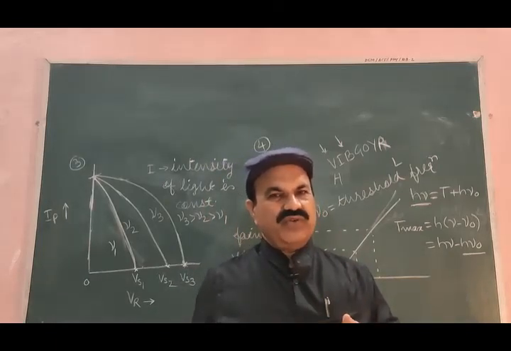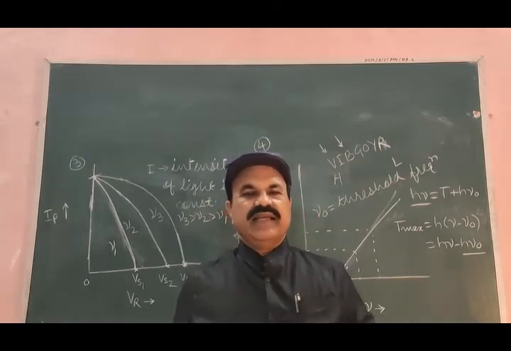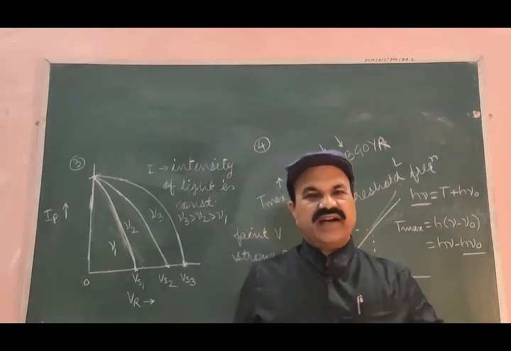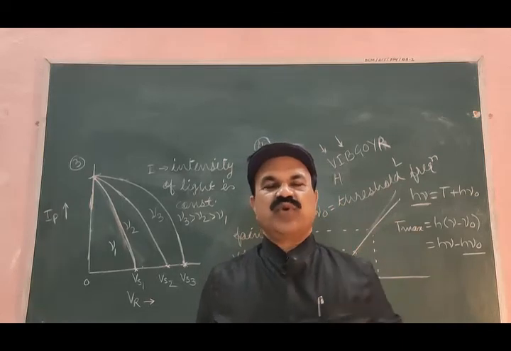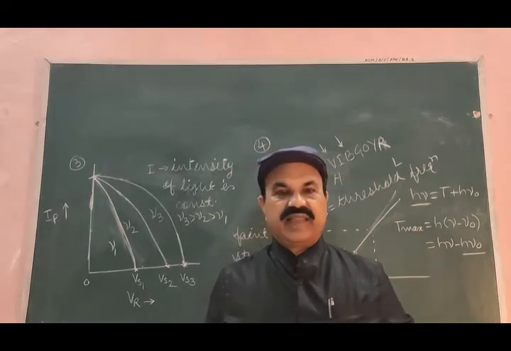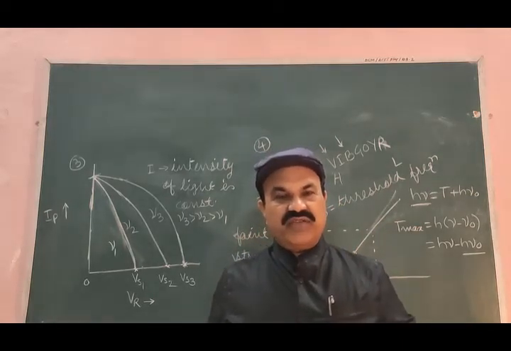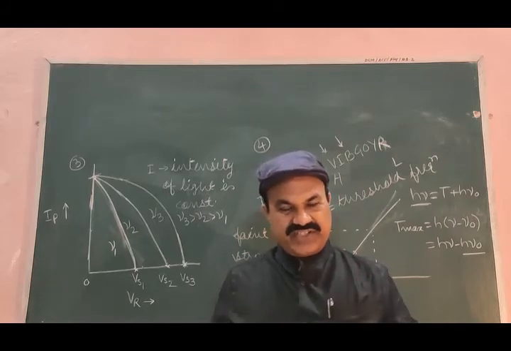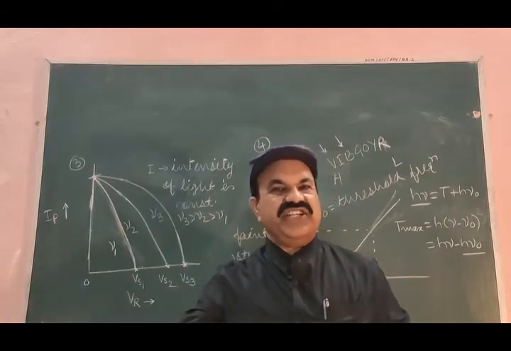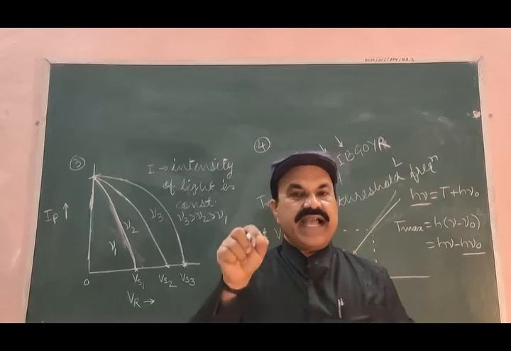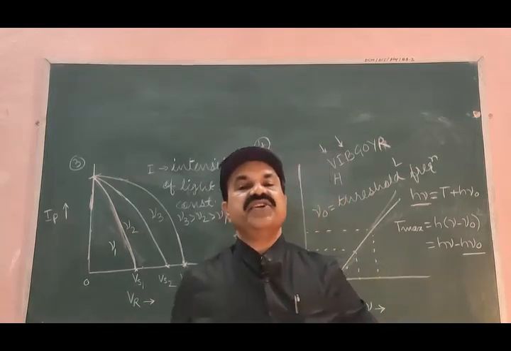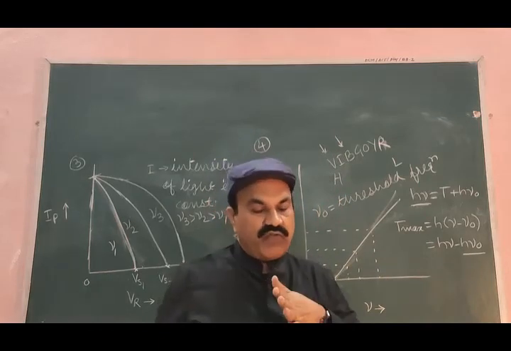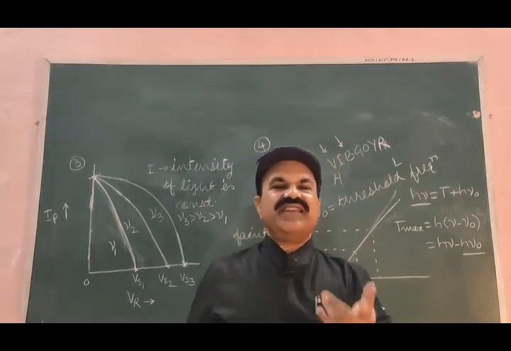And what we found was that the photoelectric current is directly proportional to intensity, more intensity, more photocurrent. But the stopping potential for constant frequency and three different intensities is the same, as seen from figure 2. It means that the average kinetic energy of the photoelectrons for three different intensities of light is the same.